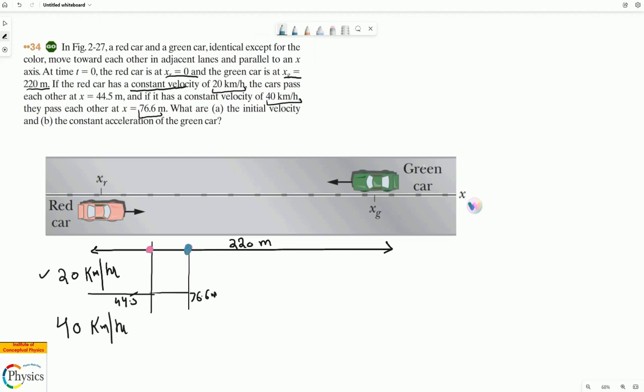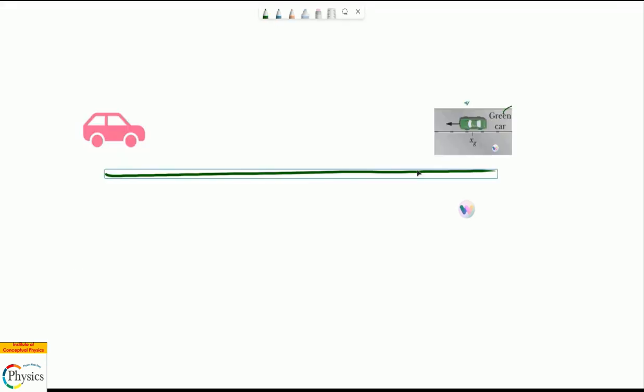What are you supposed to find out? You're supposed to find out the velocity of the green car, right? That's your goal. Let's start working on this. It also says the green car has constant acceleration, okay? So what is the significance of the meeting point? This is the situation.